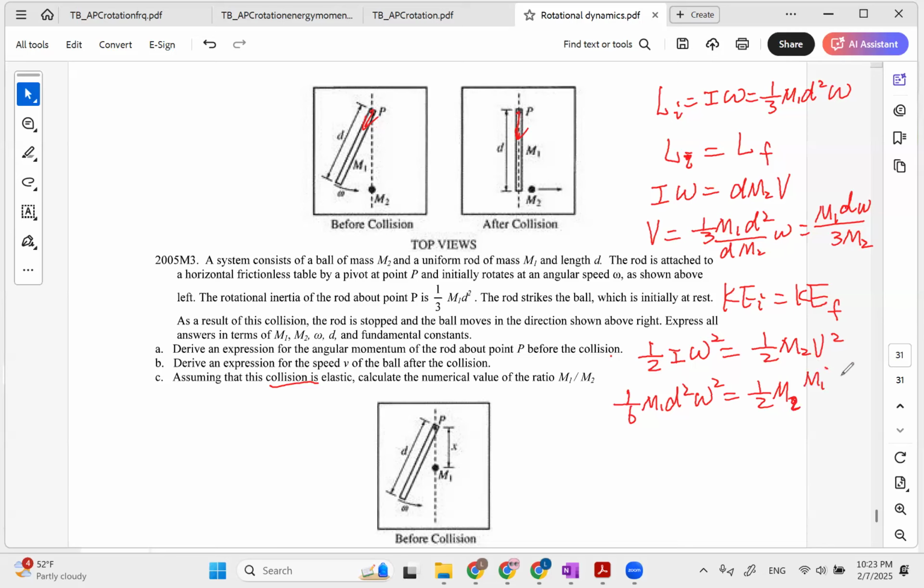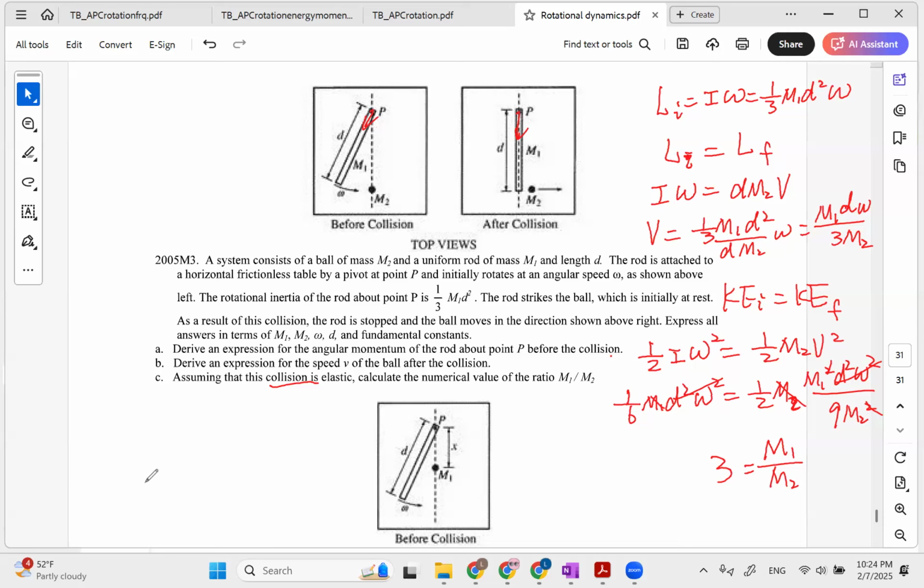So it'll be m1 squared d squared omega squared divided by 9 m2 squared. d squared omega squared cancel out, so you'll get m1 over m2 equal to 3, right? You can find a ratio like that.